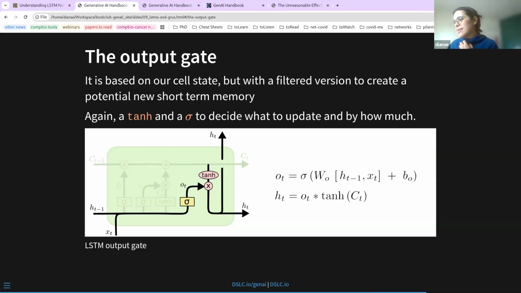So this gate is gonna help us filter the cell state that we have, so that we can create a new short-term memory, and that's gonna be the output of our entire unit.